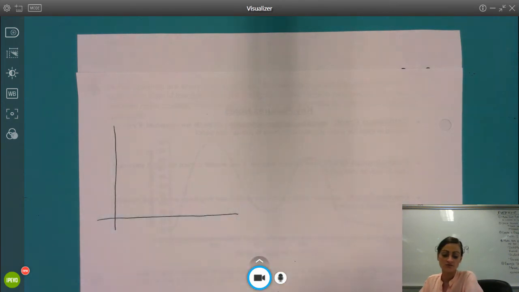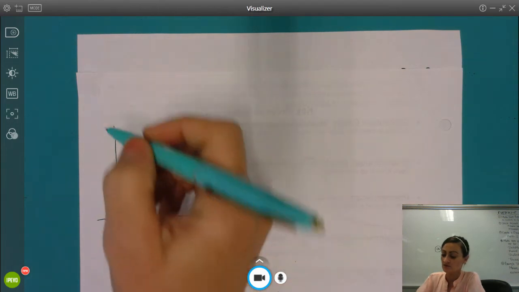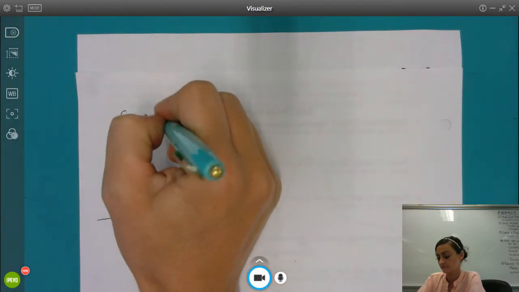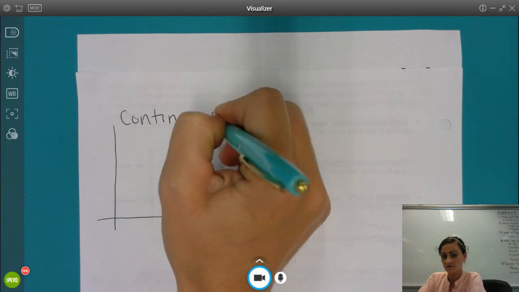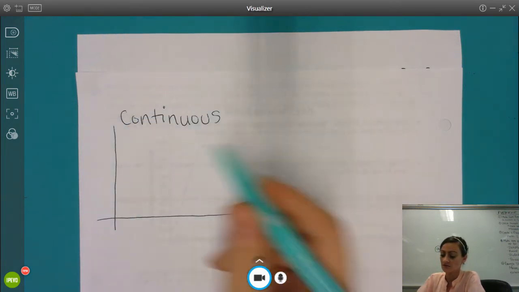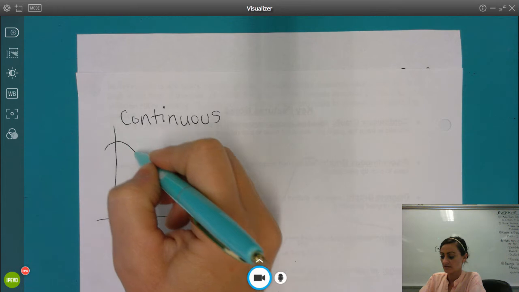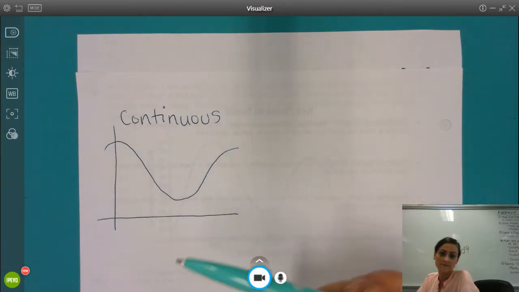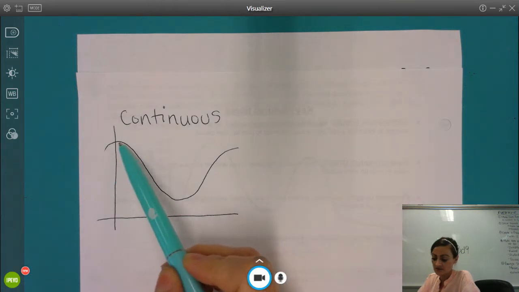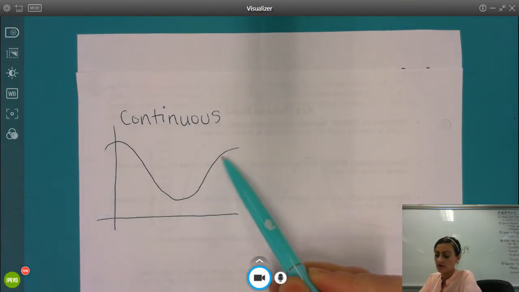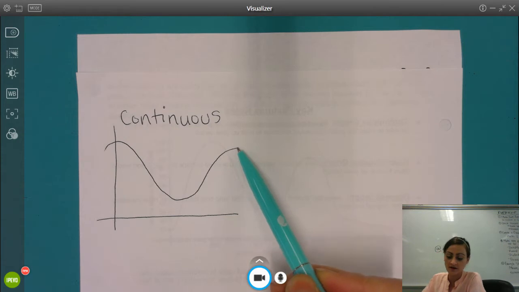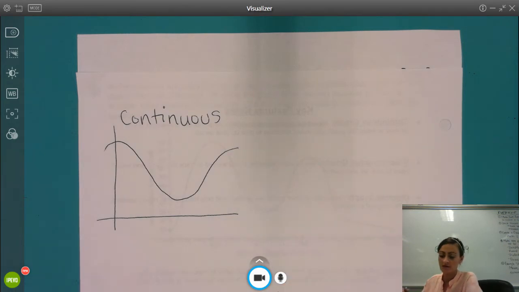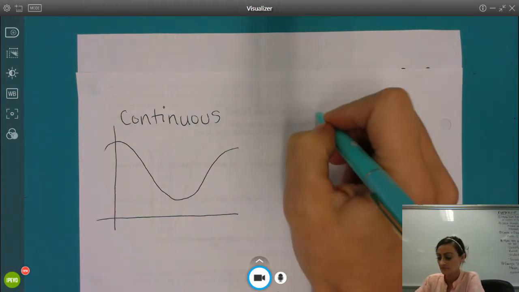If I was going to trace a continuous graph, I would never have to pick up my pencil. So an example of a continuous graph would be something like this. This is a continuous function because as I trace it with my pen, I am always touching the function. I never have to pick up my pen to continue on to a new part of the function.